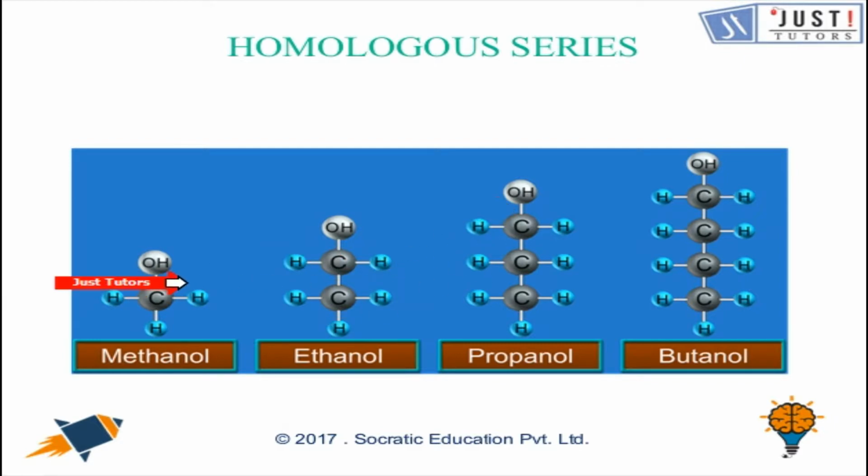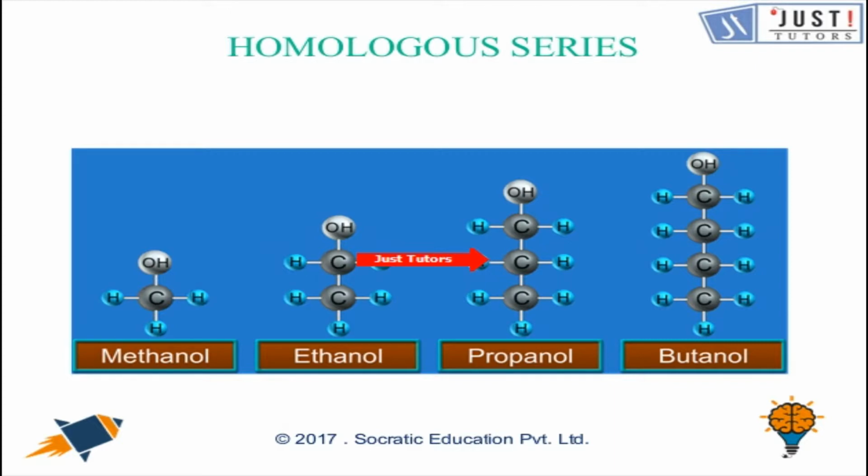These are all similar in that when we add CH2 to the same unit, we get the next. Such series are called homologous series, or we can define it as a series of compounds in which the same functional group or the same unit is substituted to get the next one.